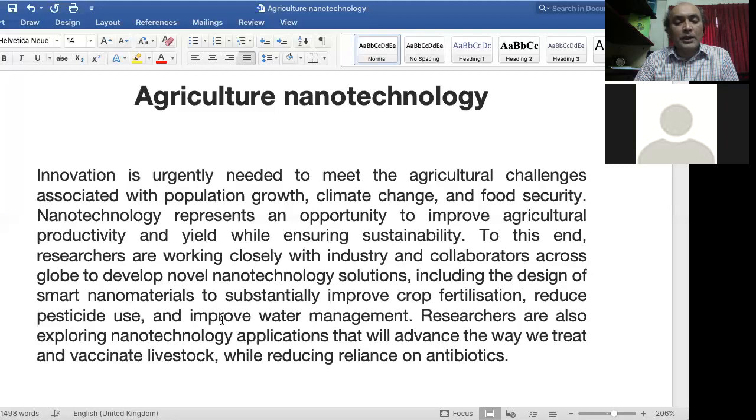And we need to improve water management. In our country, it is very, very important. We are using 3 to 4,000 liters of water for production of 1 kilogram of rice. So this is another very important target. In the coming years, availability of water would decrease due to climate change.